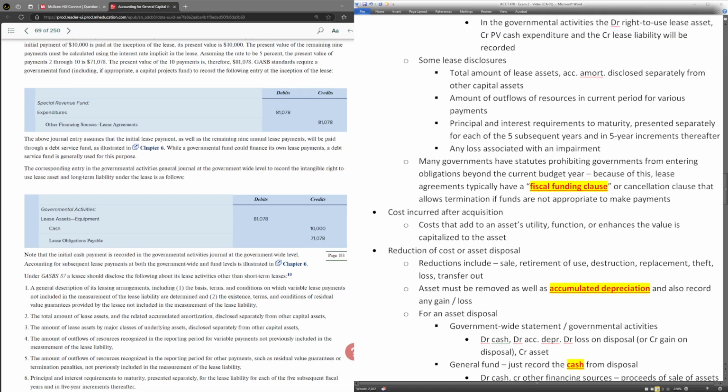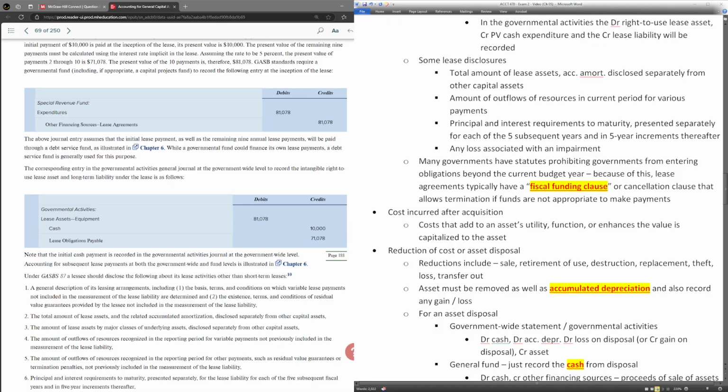Many governments have statutes prohibiting governments from entering obligations beyond the current budget year. Because of this, lease agreements typically have a fiscal funding clause or a cancellation clause that allows termination if the funds are not appropriated to make payments. This preserves, I'm not going to call it an illusion because it's real, but it preserves the illusion that it's a year-to-year decision.